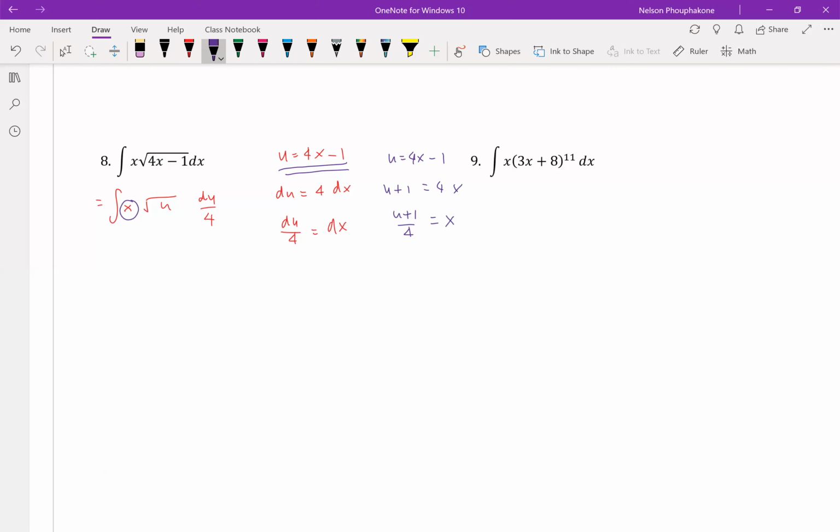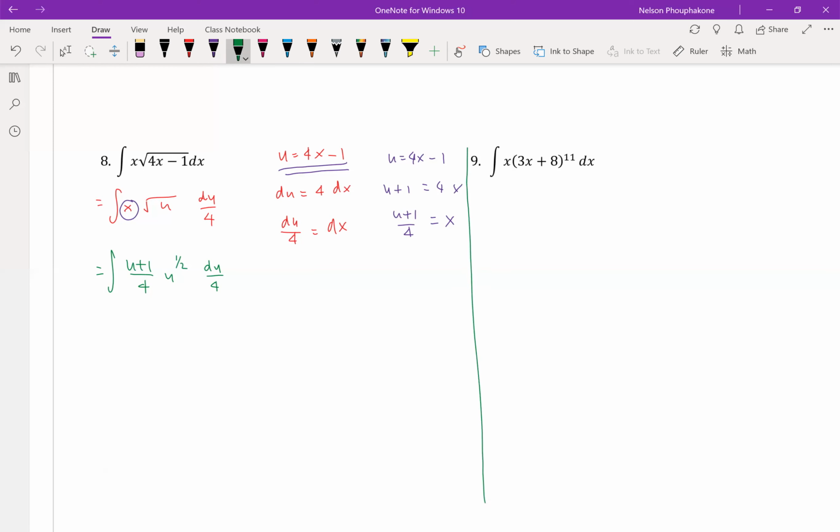And now I'm going to replace this x by u plus 1 over 4, and multiply by u to the 1/2, and then I have du over 4. Is it okay? So sometimes we may need to do a little bit more.